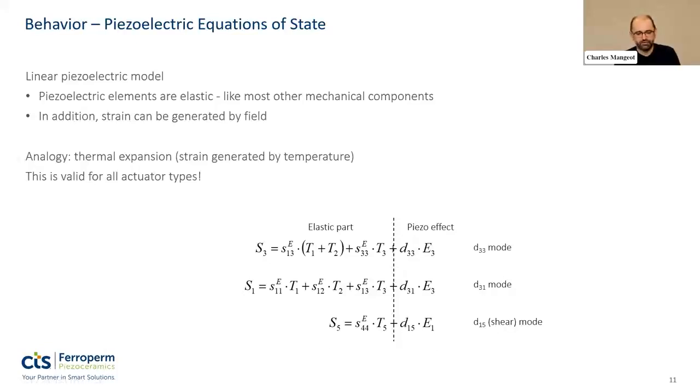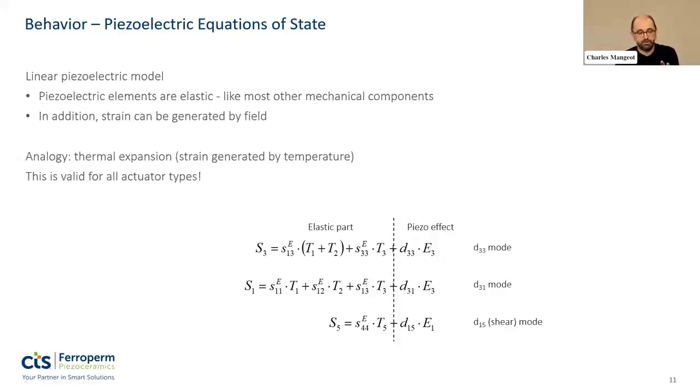This is similar to thermal expansion, if you like. So thermal expansion, you still have the elastic part, right? So your part is still elastic, but on top of that, you have a term that adds strain generated by temperature. So it's a factor multiplied by temperature. Here it's a factor multiplied by field. So it is the same kind of idea.